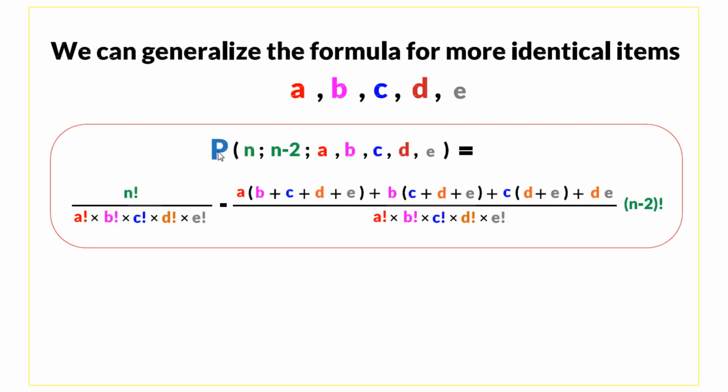So this is the formula we can write now, a permutation of n objects taken n minus 2 at a time, without replacement for these identical items, and we can realize that we number A as the first variable multiplied by the sum of the rest of the variables, plus B, we regard B as the second variable multiplied by the remaining sum, and C as the fourth variable multiplied by the rest of the sum, and D as the fifth multiplied by the remaining variable, which is E. So this way we can apply this formula for more and more identical items.